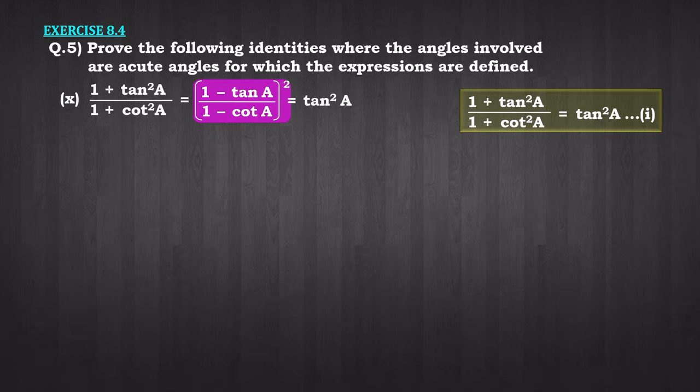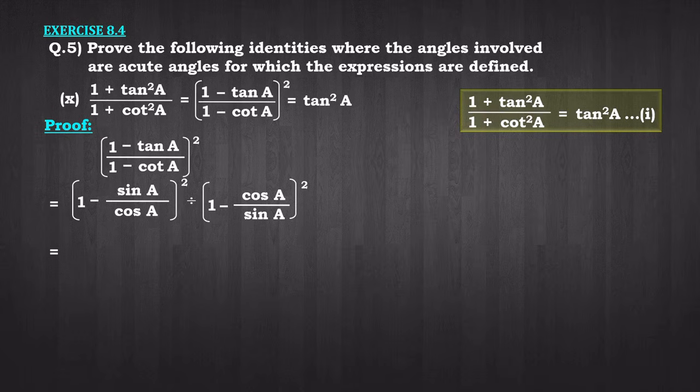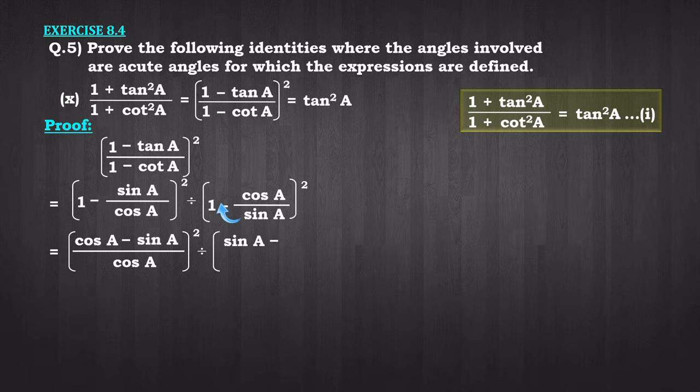Now, let us prove ((1 − tan A) upon (1 − cot A))². Substitute. tan A is equal to sin A upon cos A, and cot A is equal to cos A upon sin A. So, the expression becomes (1 − sin A upon cos A)² divided by (1 − cos A upon sin A)². Taking the LCM, we get ((cos A − sin A) upon cos A)² divided by ((sin A − cos A) upon sin A)².